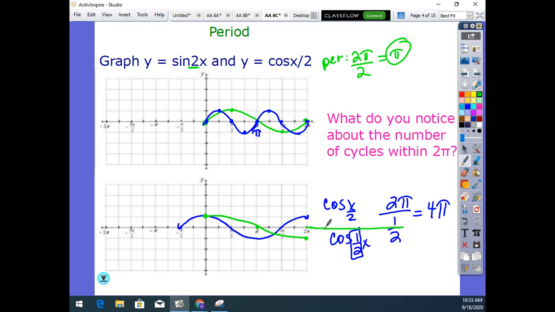I'd actually have to go out to 4 pi to get my full cycle. See that? Kind of bad, but all right.